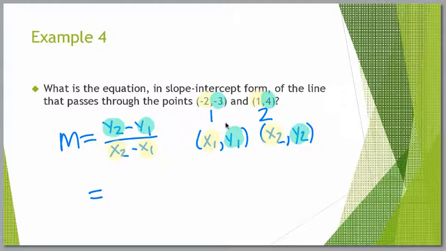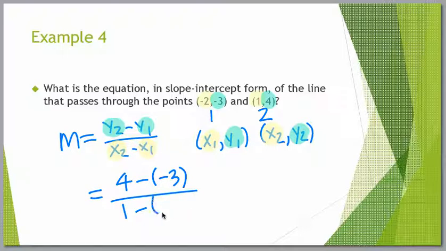So y2, 4 minus y1, which is -3. Again, you should have a red flag when you see a negative number in a coordinate. So we have y2 minus y1, which is a negative 3, so we have a minus a negative 3. And then for the denominator, we have x2, which is 1, minus x1, which is negative 2.